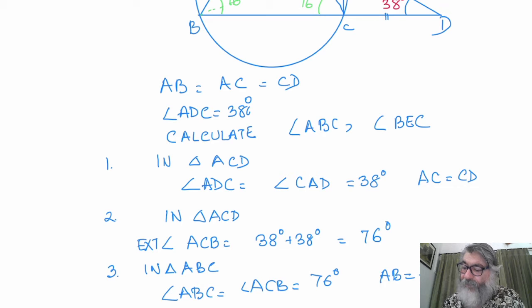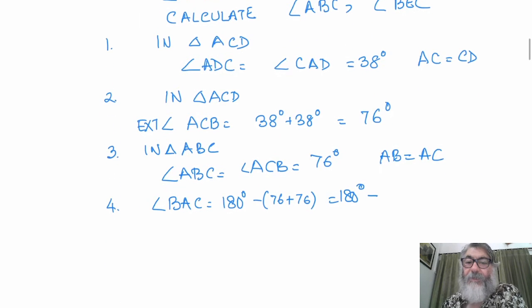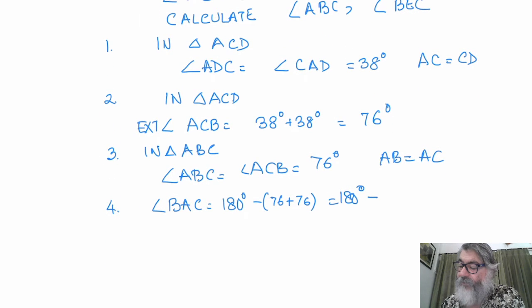Angle BAC will be 180 minus (76 plus 76), that is 180 minus 152. The sum of the angles of a triangle is always 180 degrees.